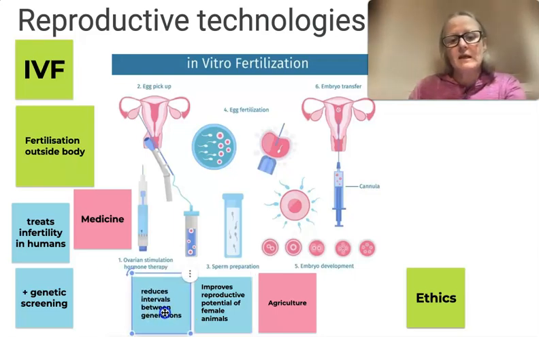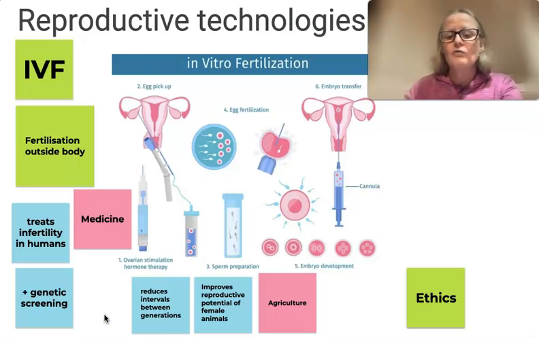When we're using it in animals, you can actually collect the eggs from very young animals, because eggs are already partway through meiosis when the animal is born.